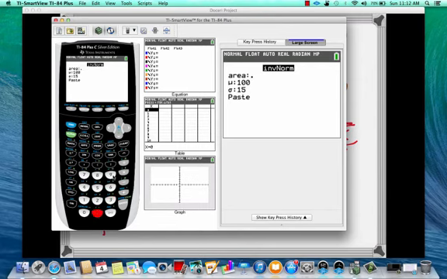So I'm going to go 0.95 for my area. Everything else is the same. My mean and standard deviation didn't change, which is cool. Hit enter. Paste it. And then hit enter again. And we come up with my lowest score in the top 5%, or the 95th percentile. So we got 124.67.